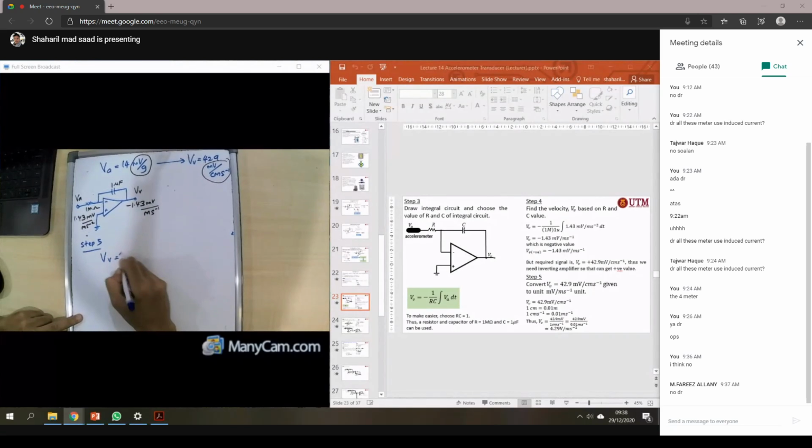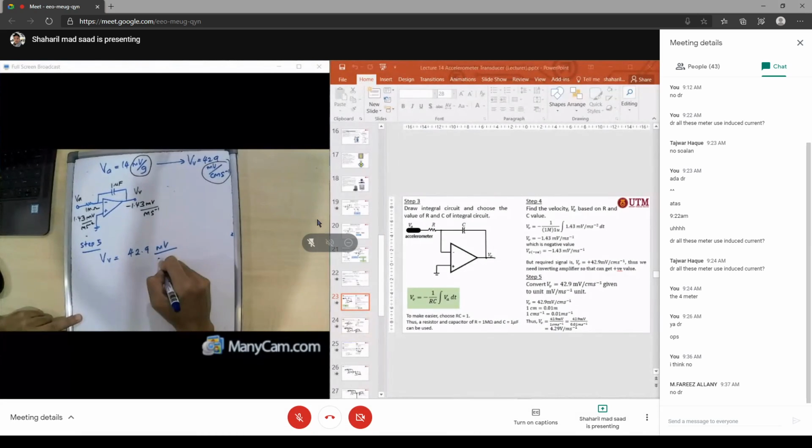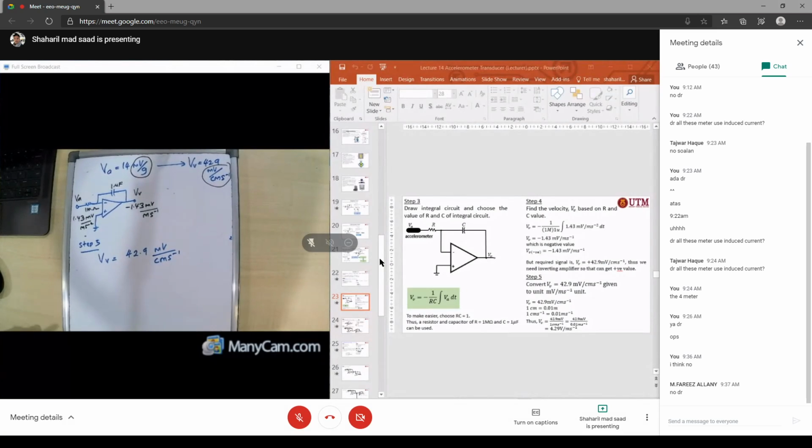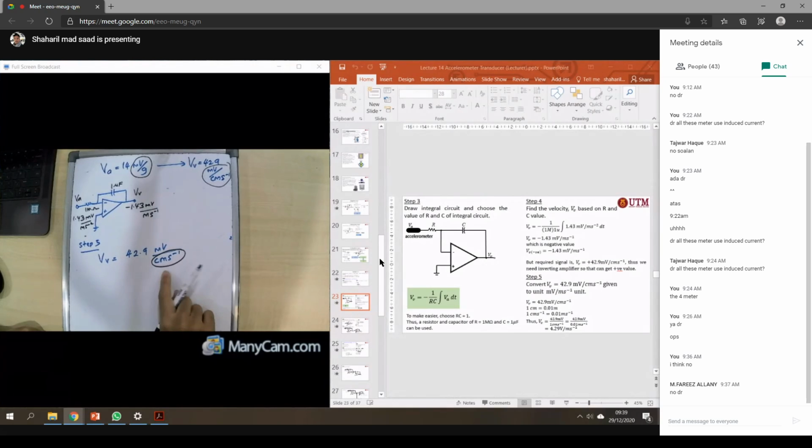VB now is 42.9 millivolt per centimeter per second. So what we want to do is convert this to meter per second, to be a standard value.